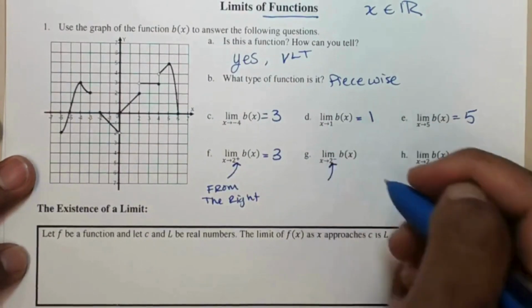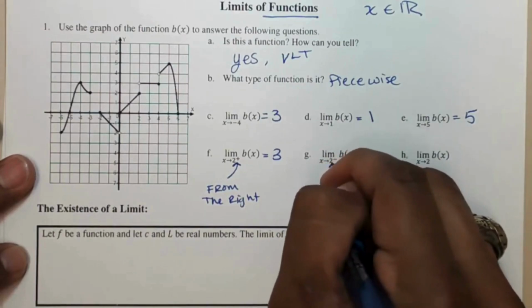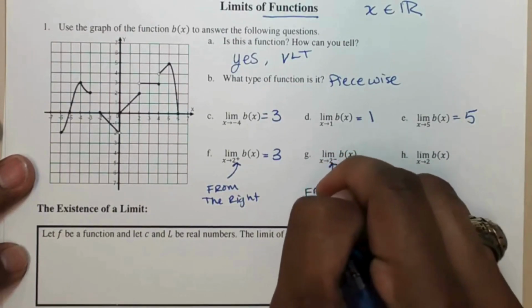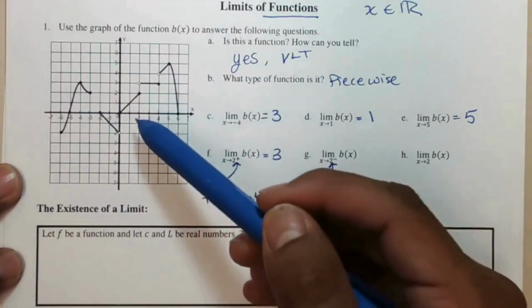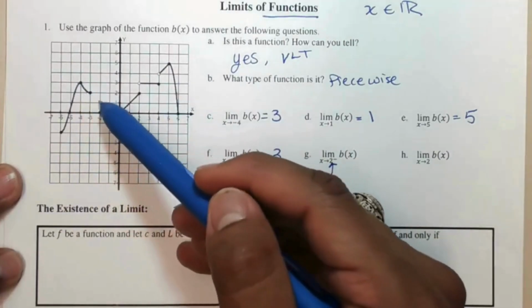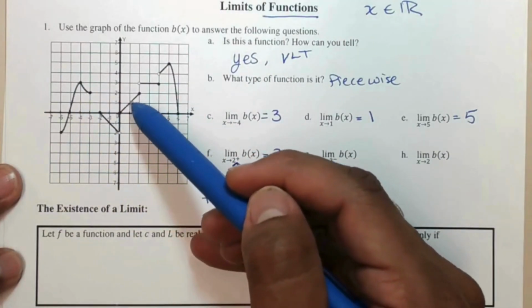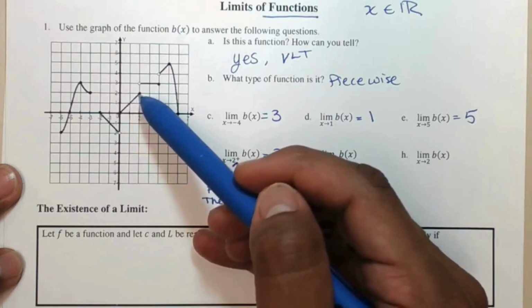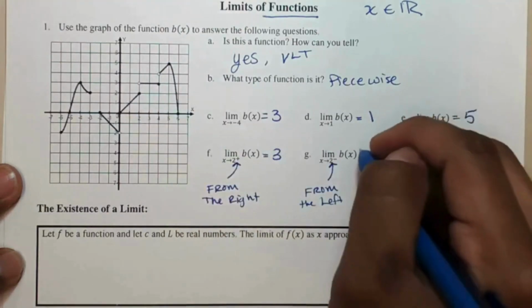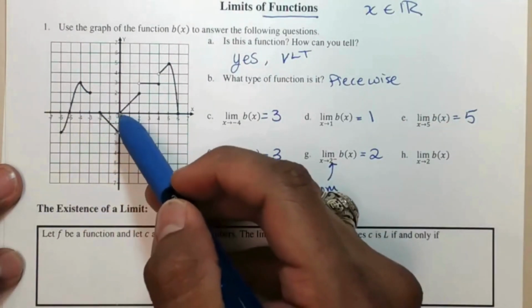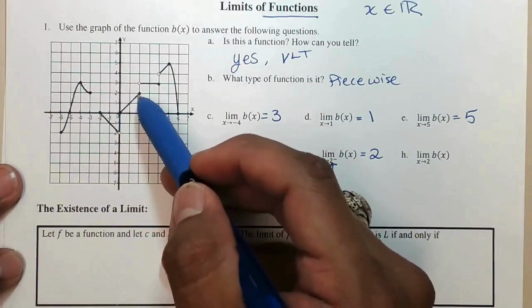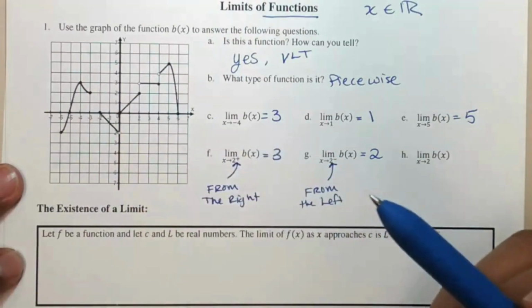If we have that little exponent of negative, you can guess this is coming from the left, from all the negative numbers. So I approach 2 from the left part of my graph, going all the way from the left and getting closer and closer to 2. Notice that my output is 2. So coming all the way from the left, tracing it until you get to 2, our output is also 2.